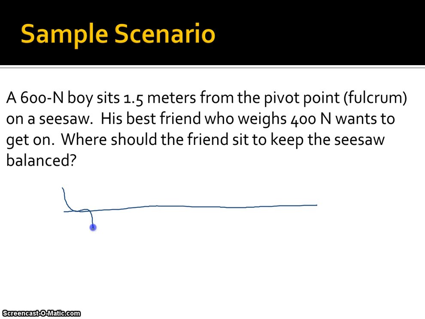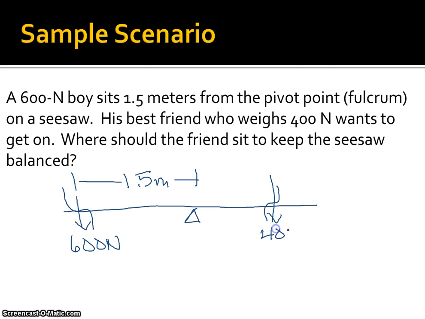So if you have a boy sitting on one end of a seesaw, he has 600 newtons of force pushing down. And if the pivot point is right here, then his lever arm is 1.5 because he's that far from the fulcrum. So where would somebody that has a weight of 400 newtons need to be to make this thing balance out so that they don't tip over?